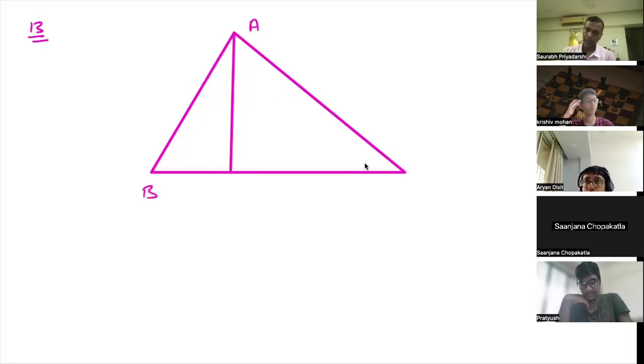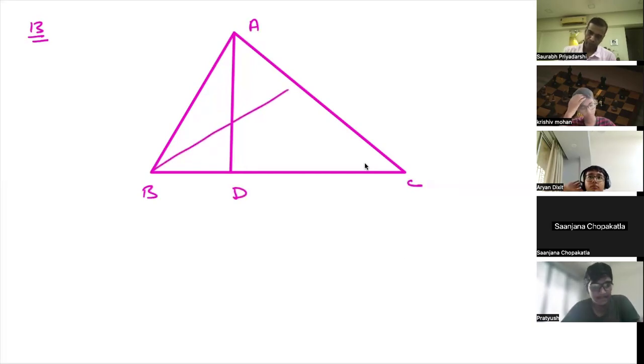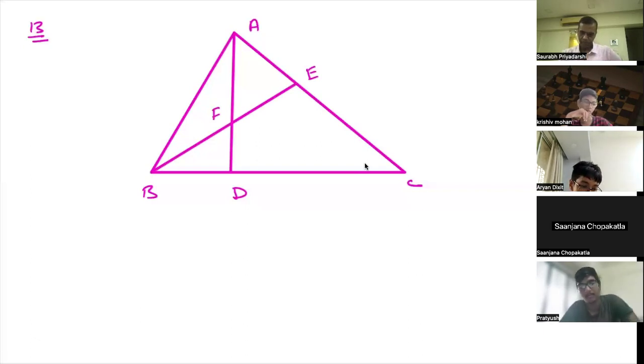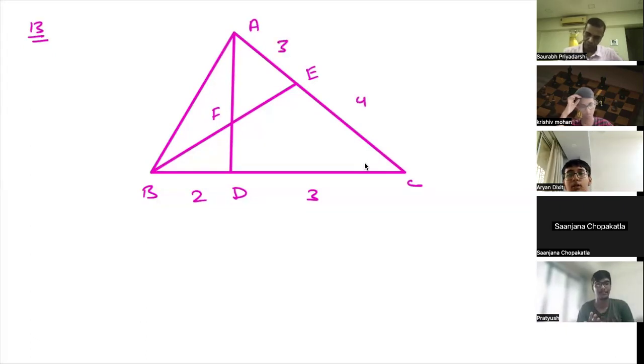A, B, C, D, E, F. BD and DC dividing the ratio 2:3, AE and EC dividing the ratio 3:4, and find AF upon FD and BF upon FE.